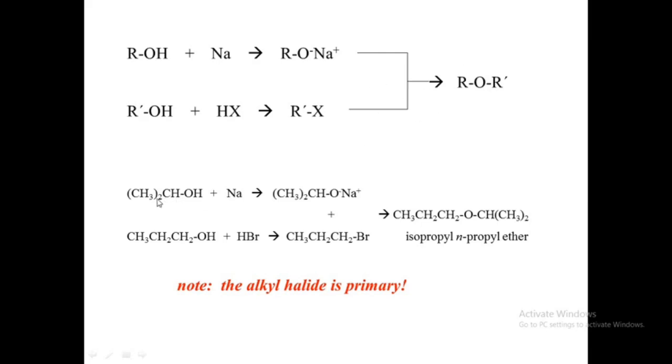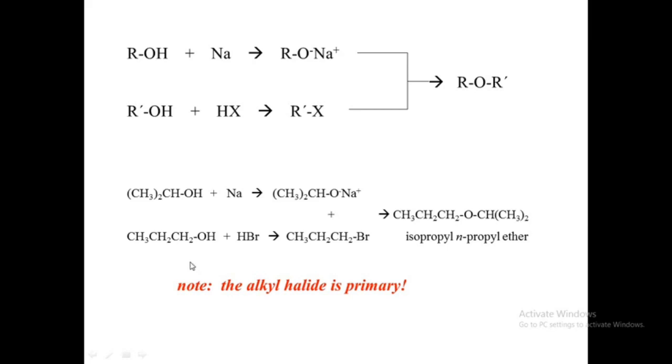The example is isopropyl alcohol, and when isopropyl alcohol is treated with sodium, then isopropyl sodium alkoxide is formed. And again this one is propanol. When propanol is treated with HBr, then 1-bromopropane is formed, and both of them combine together to give the ether.